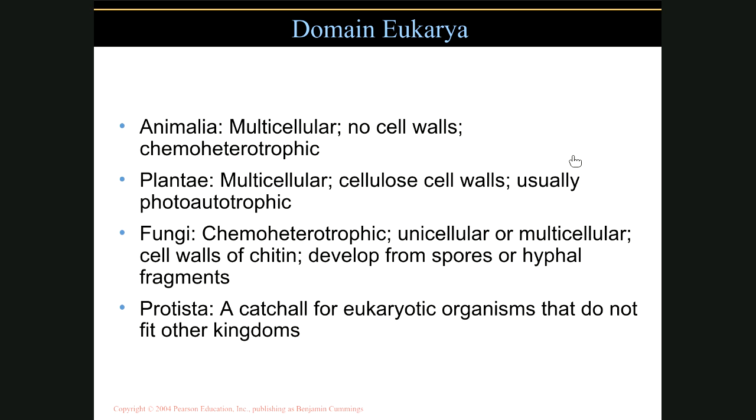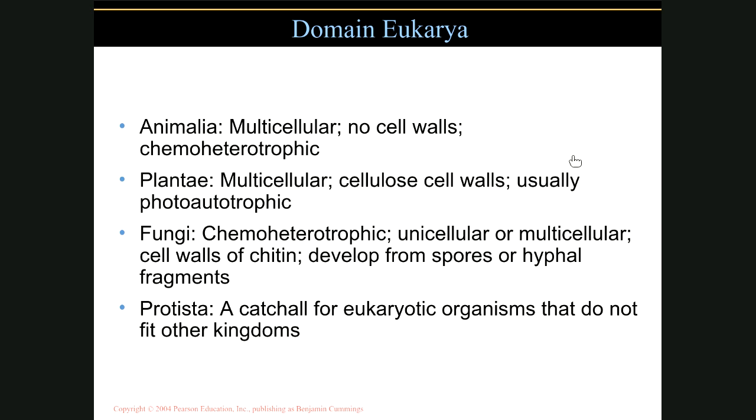You use chemicals and organic compounds. Right, so all different kinds of organic compounds for carbon and energy. Plants are multicellular. They have cellulose cell walls, and they're photoautotrophs, so light and CO2. Fungi are also chemoheterotrophs. They can be single-celled or multicellular. Their cell walls are made of chitin, and they can develop from spores or from fragments.